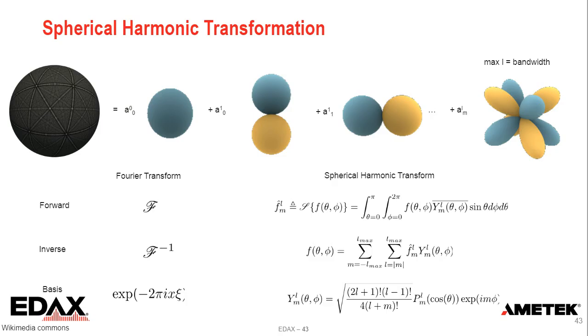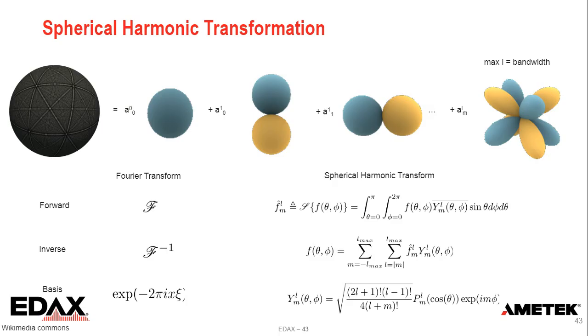So the forward Fourier transform, the equivalent for a spherical harmonic transform, is this double integral over the function of interest f times these basis functions Y_lm, and then the inverse Fourier transform equivalent is this sum of your weights f hat here times the spherical harmonic basis functions.